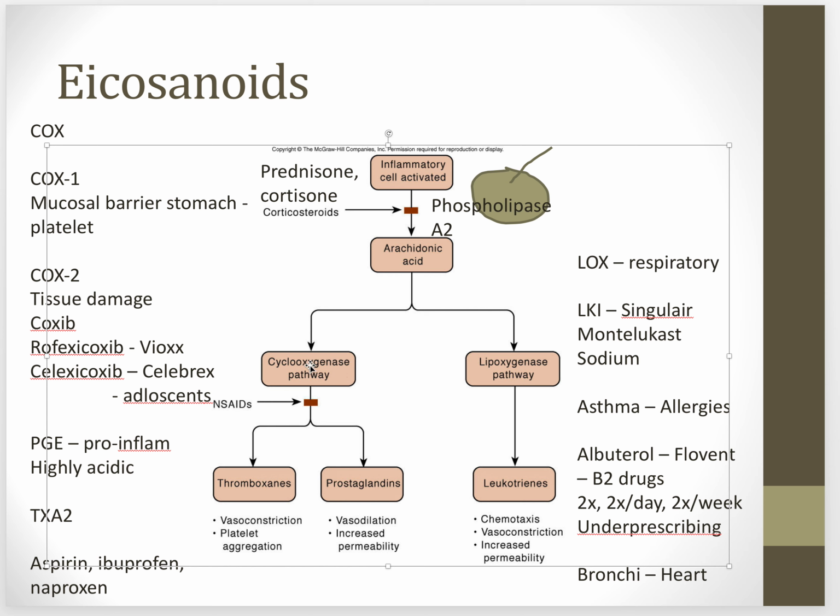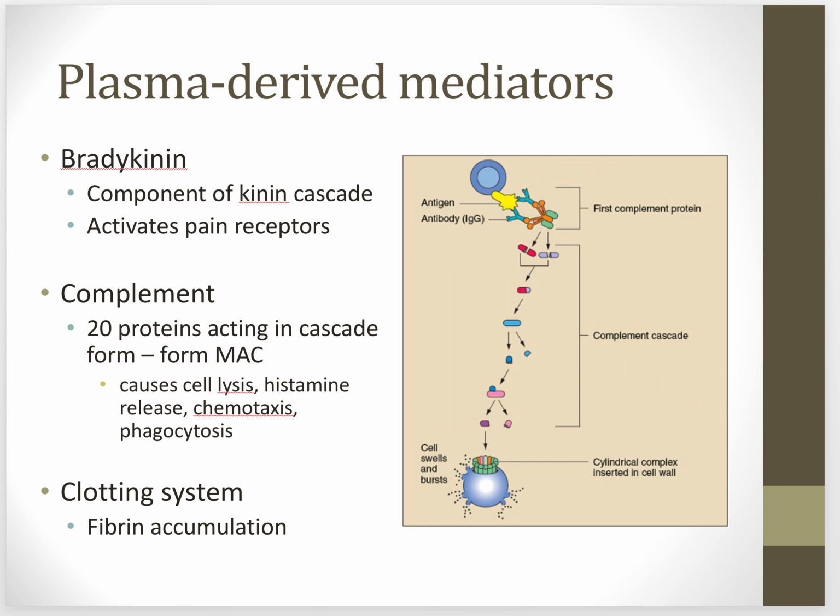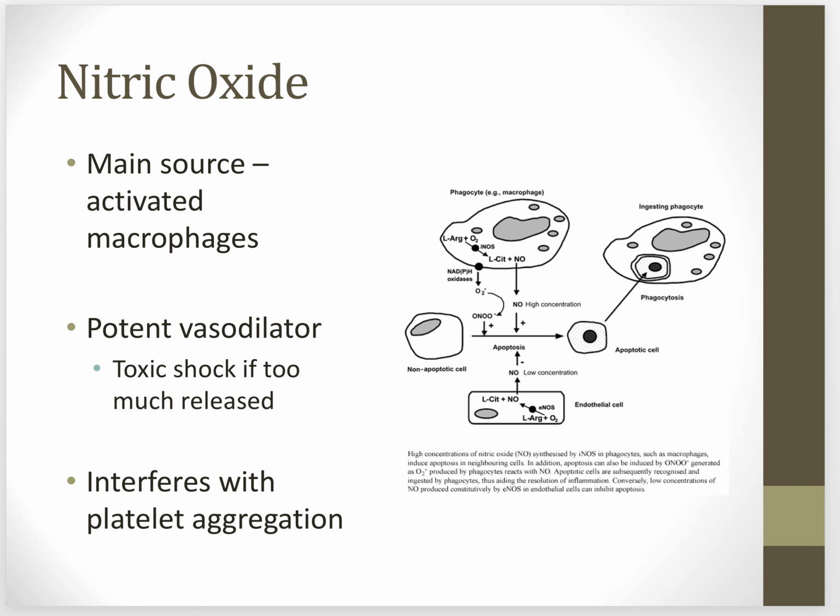NSAIDs block cyclooxygenase 1 and 2, and lipoxygenase pathways can be blocked with LOX inhibitors, but LOX is primarily in the respiratory system, whereas the COX enzyme is all over the body. Hooray, anti-inflammatory drugs. Just a couple things left to go, and then we're done with this one.